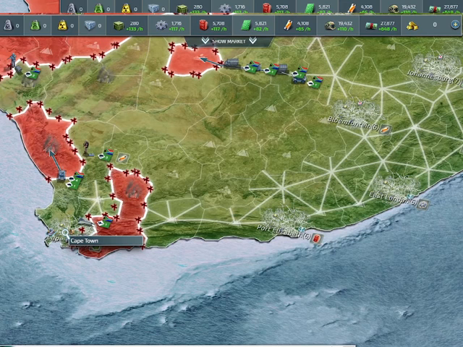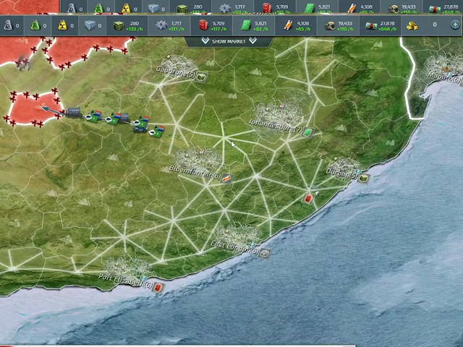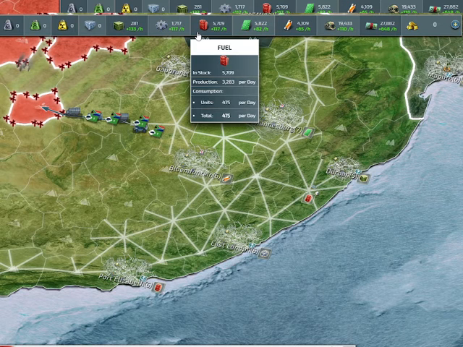You can click on a city and it will tell you what it's producing: 3,055 in Cape Town, and in Durban I'm producing 500 because it's a smaller city, and at Gaborone 457. So yeah, you can see how much you're producing.